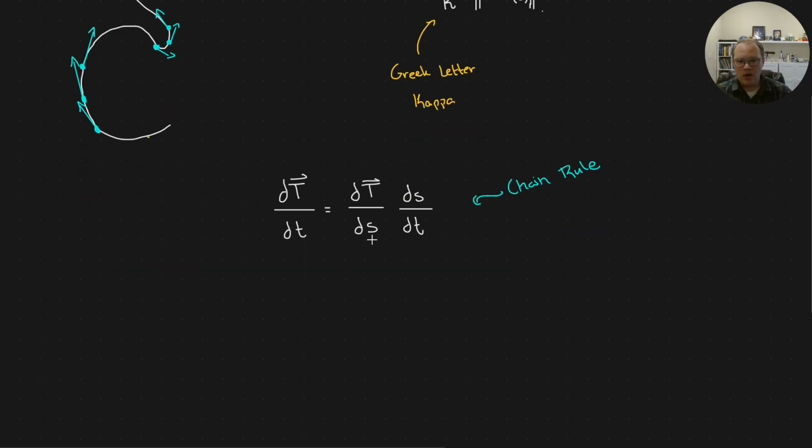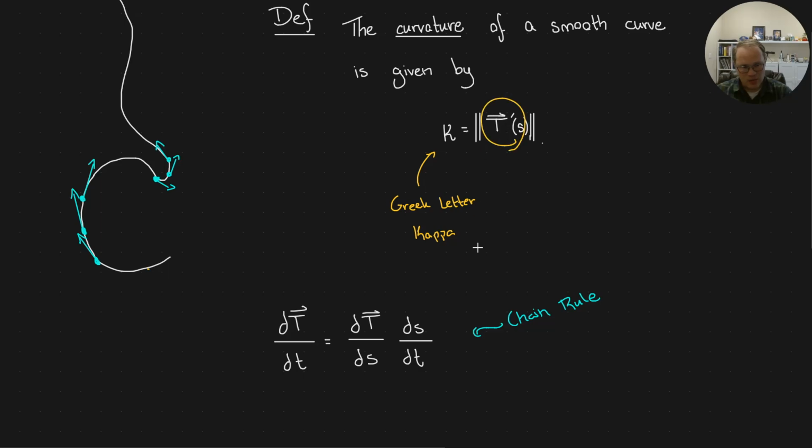But what I know is that this has the derivative of the unit tangent vector with respect to the arc length parameter s. That's exactly what I want here. T prime of s, that's the same thing as dT/ds.